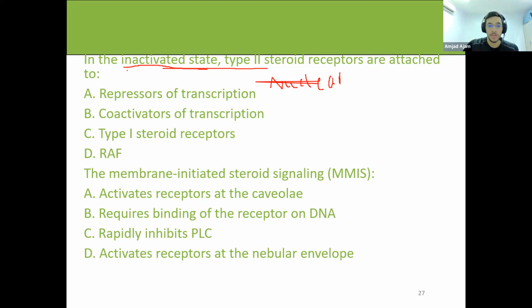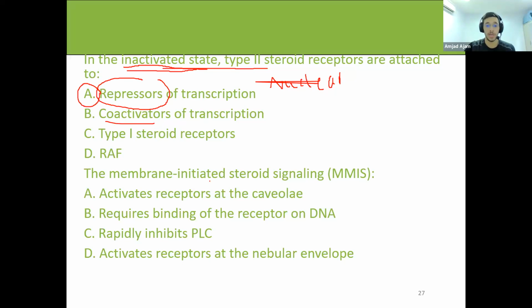And because they said it's in the inactivated state, the answer is the repressors. When there is no hormone, the repressors will inhibit the steroid receptor, and therefore we don't have induction of transcription. However, when the hormone comes to the nucleus and binds to the receptor, the repressors will be released, and then the coactivators will come into play to induce transcription.